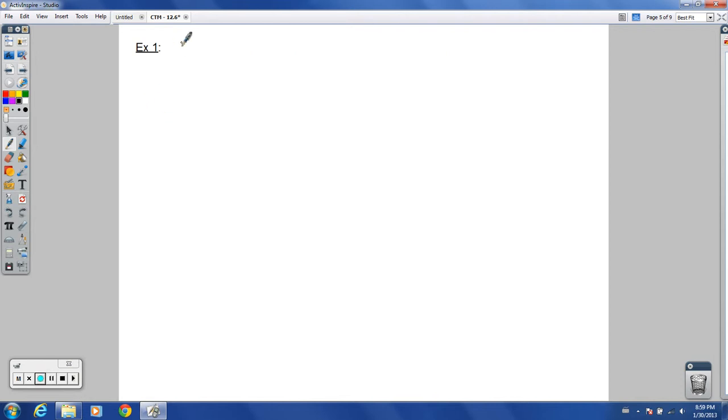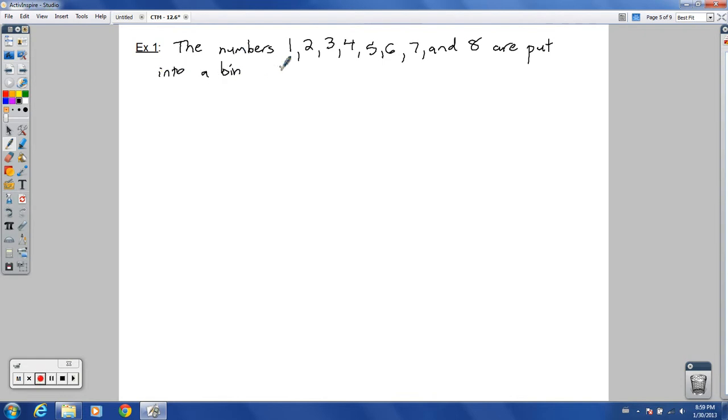Here's the situation. We've got the numbers 1 through 8: 1, 2, 3, 4, 5, 6, 7, and 8 are put into a bin. And 1 is randomly selected.